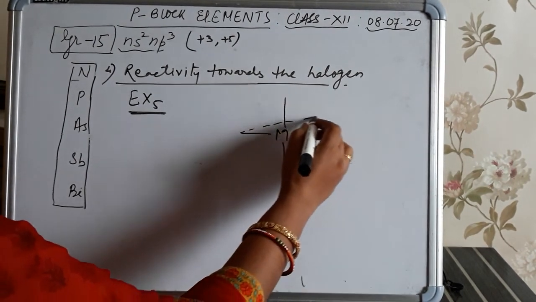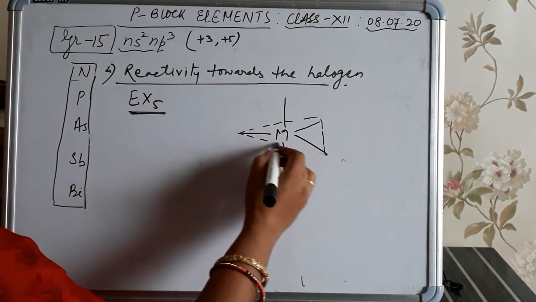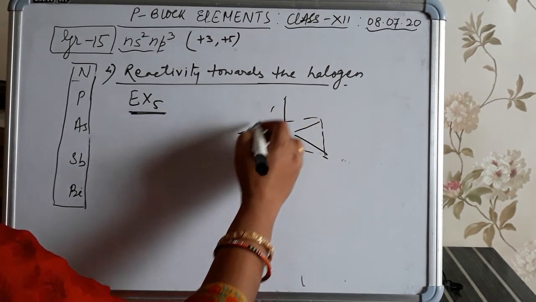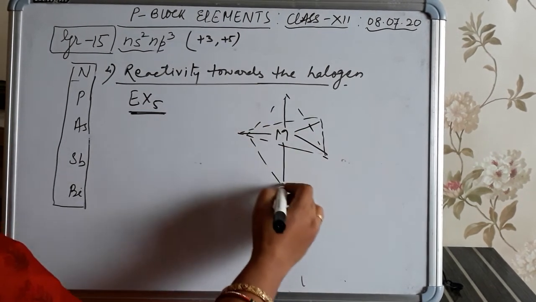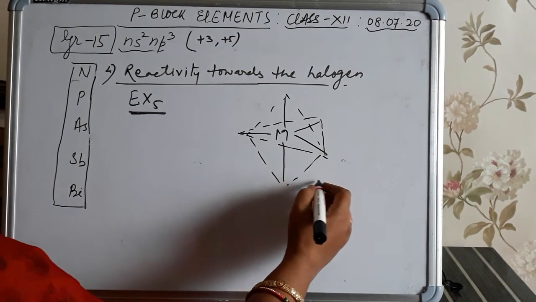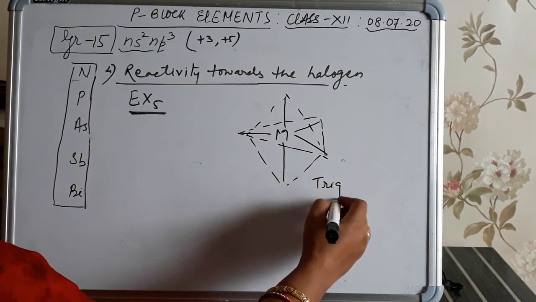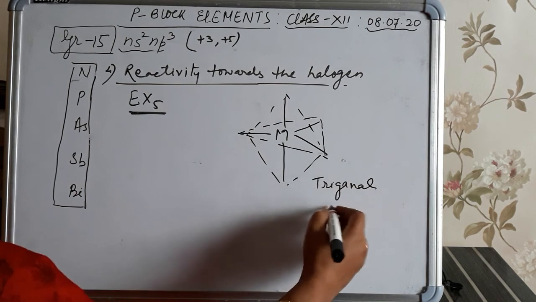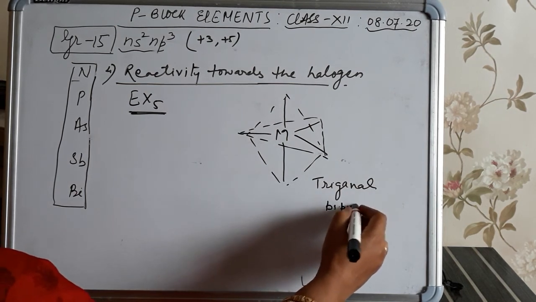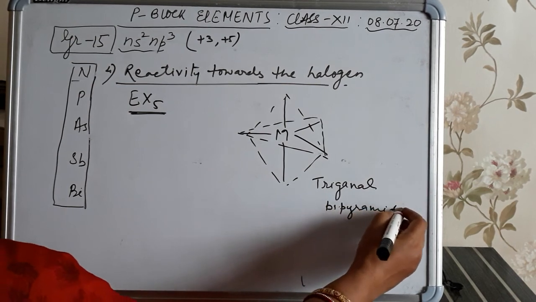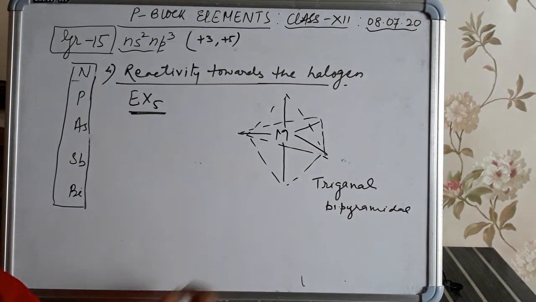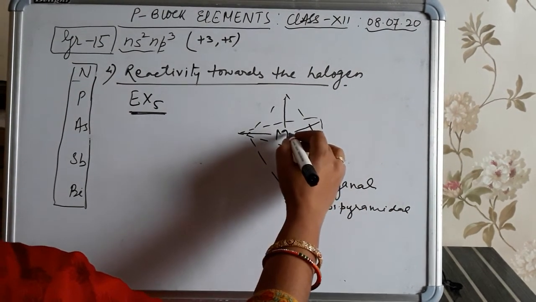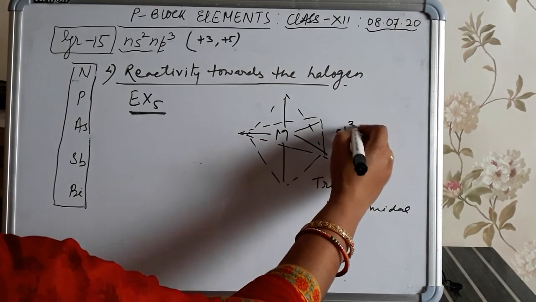The structure will be trigonal bipyramidal, and the hybridization of the central element is sp3d.